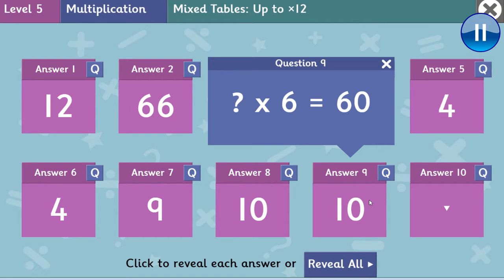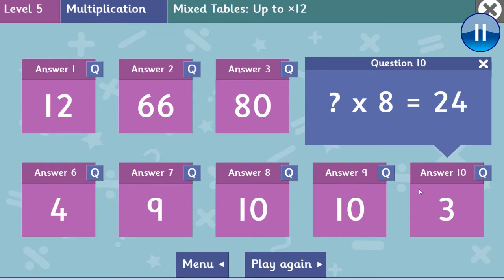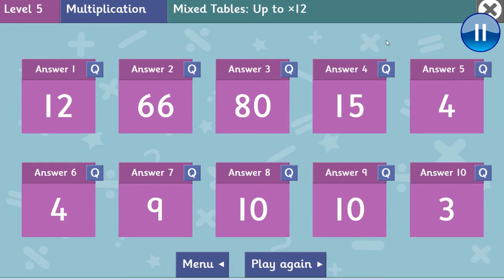Easy. 10 times 6. And question 10. What times 8 is 24? Well done. 3 times 8 is 24. Make sure you've marked your work in a coloured pen or pencil and recorded your answer out of 10. Well done.